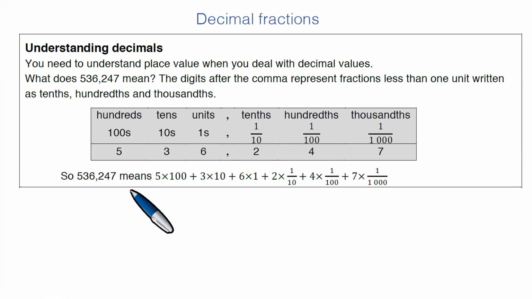Decimals. Hundreds, tens. You need to understand place value when you deal with decimal values. What does 536,247 mean?